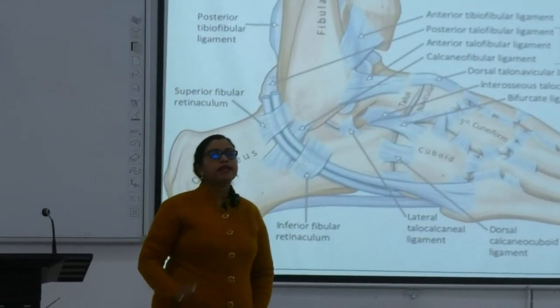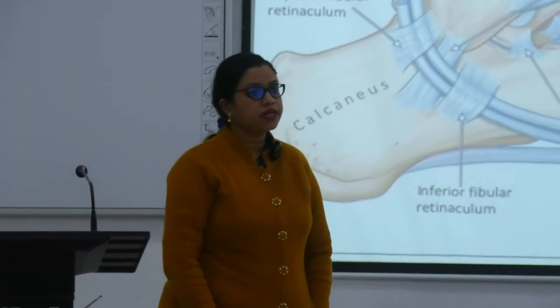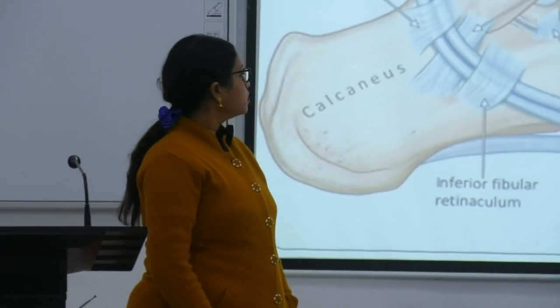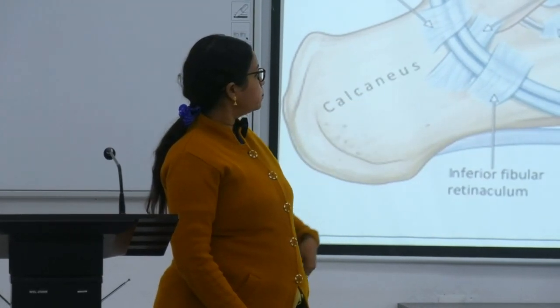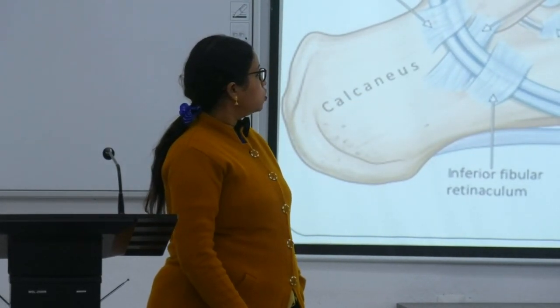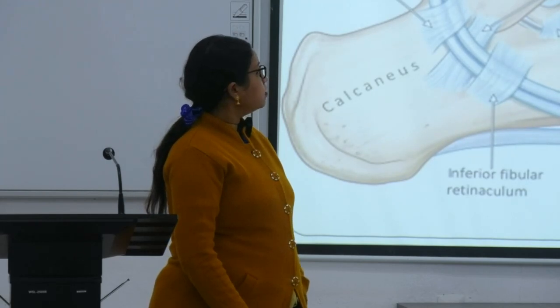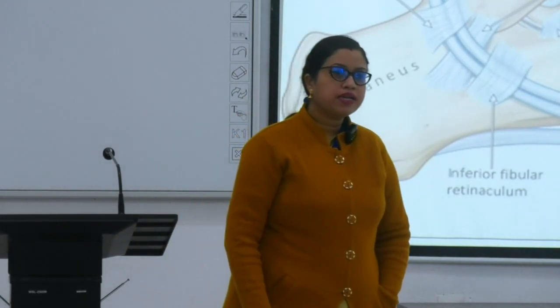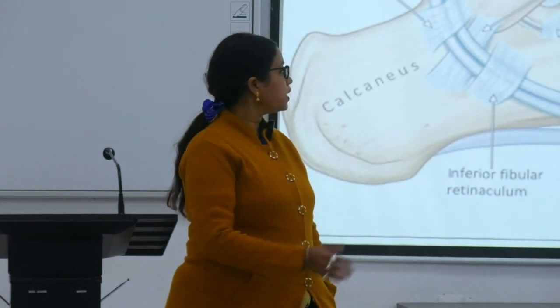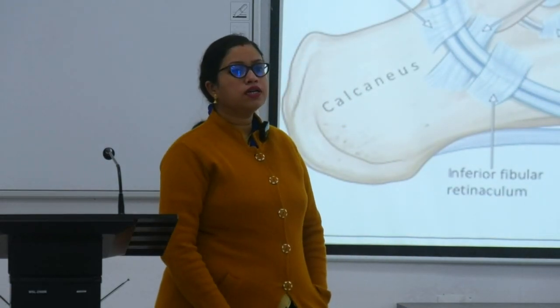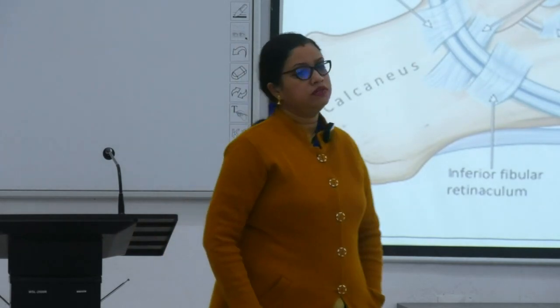Then for the calcaneocuboidal joint, which ligaments do you get? We have the plain calcaneocuboidal ligament directly. Another one is the spring ligament, that is the dorsal calcaneocuboidal ligament.